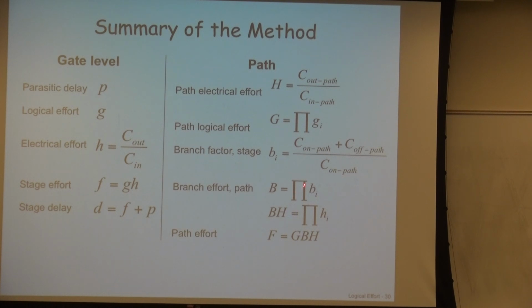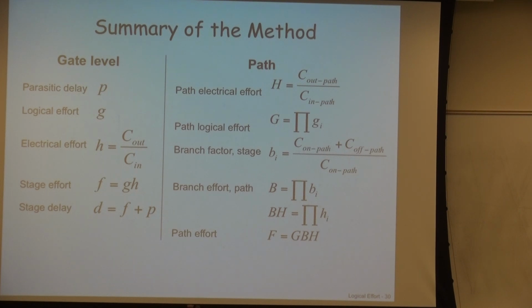For the path, we find the capacitances at the output and input, then all the logical efforts of all the gates of the path, and then the branches at different points, and then we calculate the overall branching effort, which is the multiplication of the different branching values. So the total path effort is given by this. This example is for this, and earlier we computed for a single gate level using this.